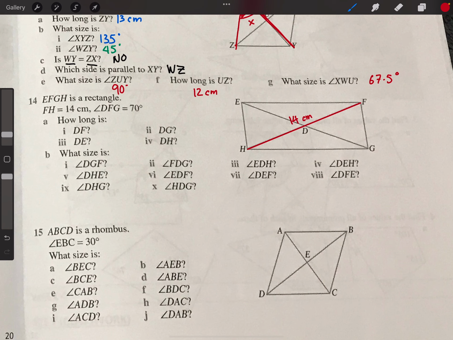And angle DFG, this angle here, is 70 degrees.